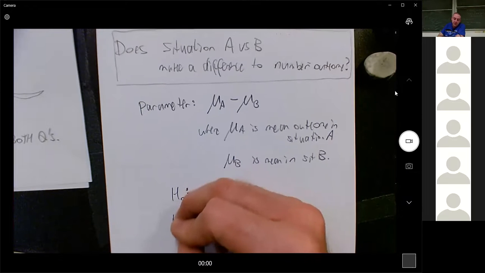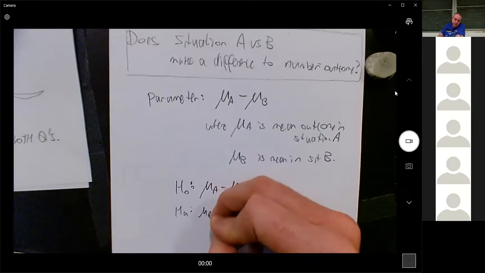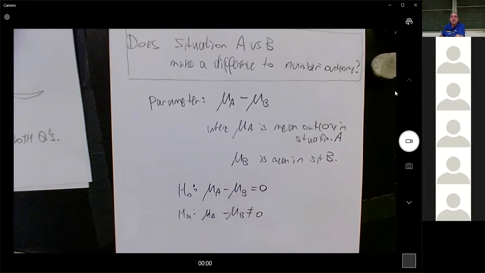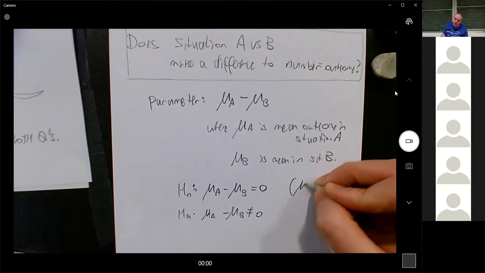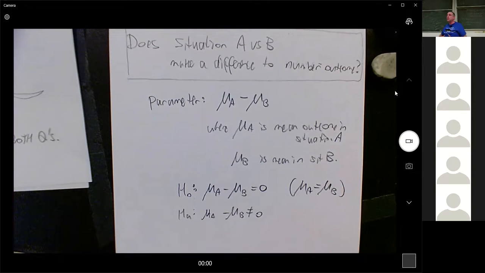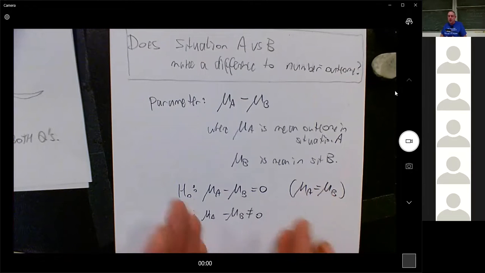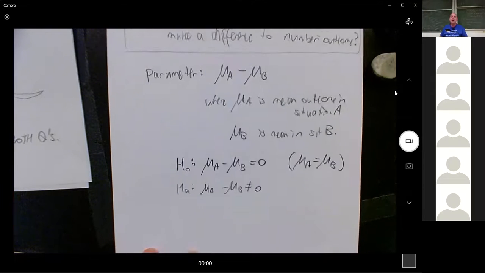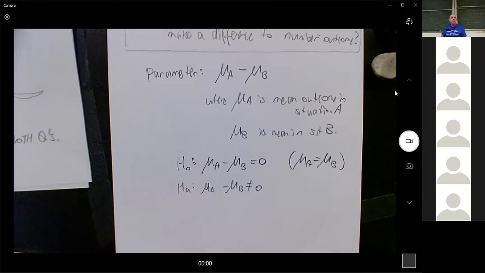And the alternative is that it's not. So they pitch it directly like this, even though it would be much more natural to call it mu A equals mu B. That's much more natural, but that's not about one number, that's about two numbers. But mu A minus mu B is technically one number. And so I can pitch it about that one number. So that's the null hypothesis and the alternative hypothesis.